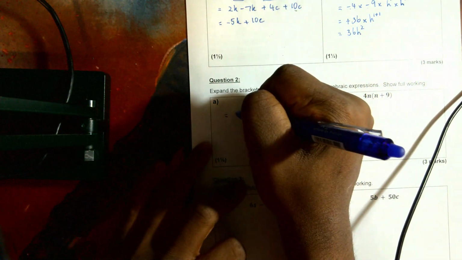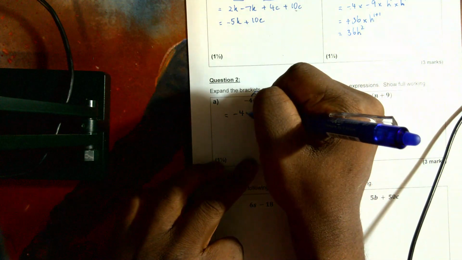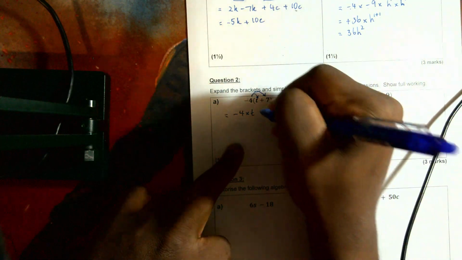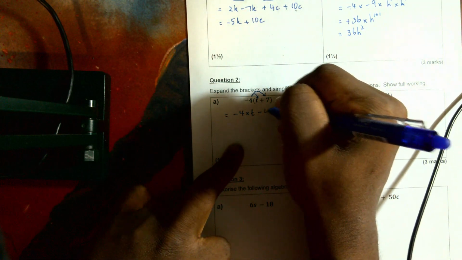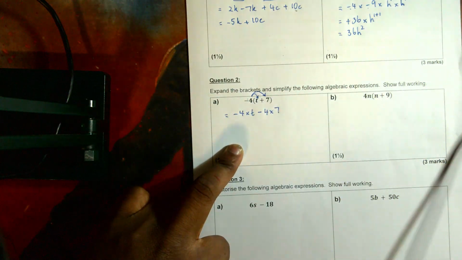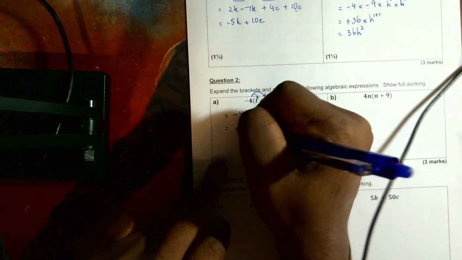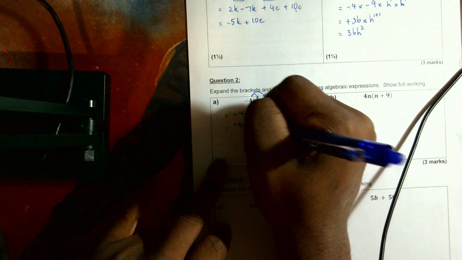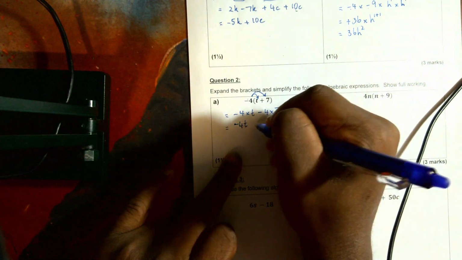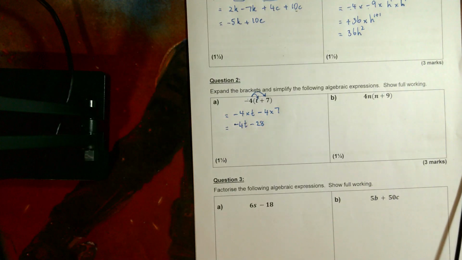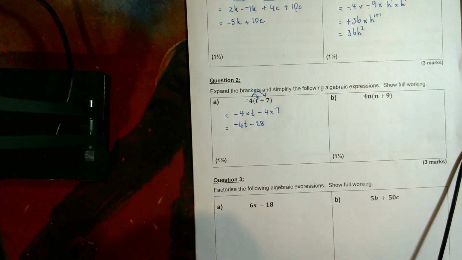So again, if we write that out, negative times a positive will give me a negative, and the numbers are 4 times 7. So negative 4 times t, well that's negative 4t, and negative 28.